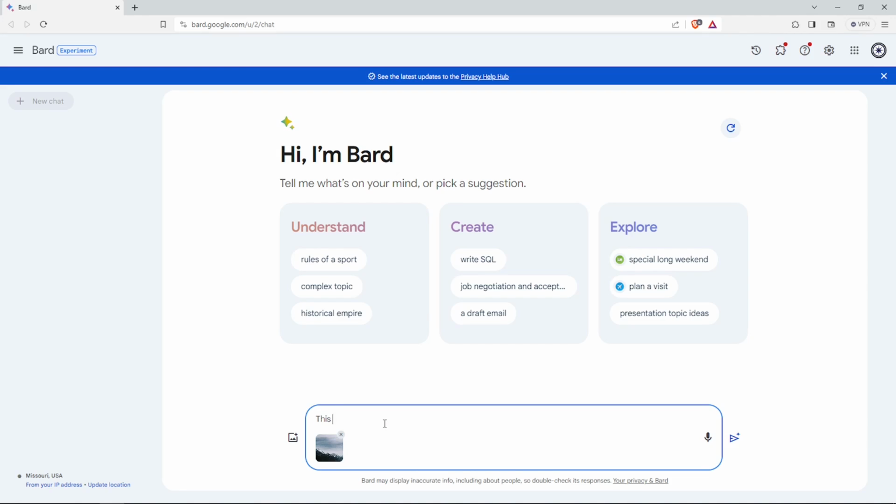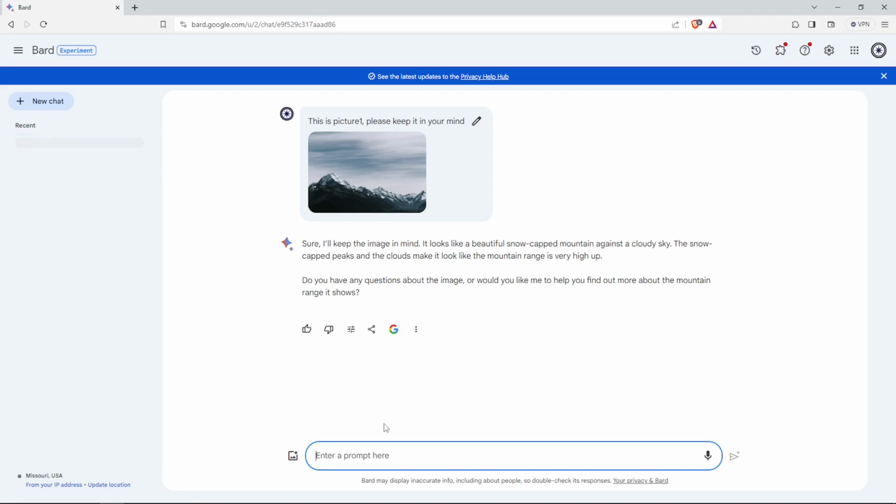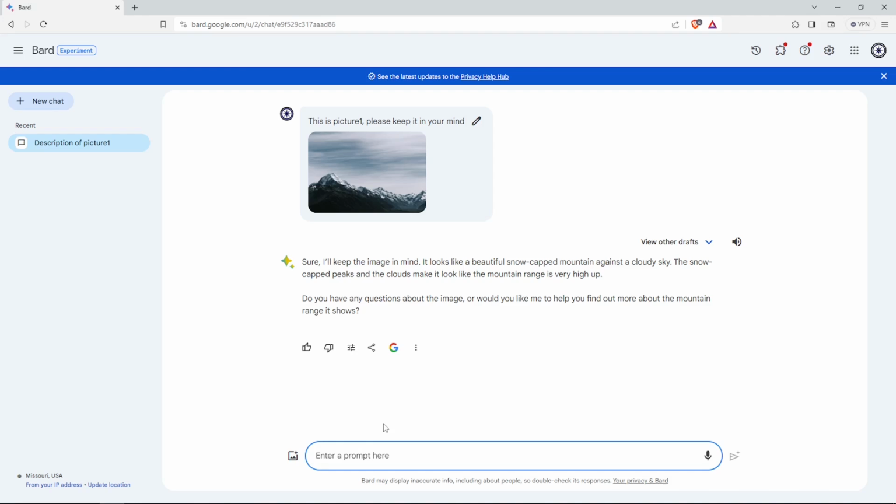We will upload the first image and ask Bard to memorize it as follows. This is picture 1. Please keep it in your mind. Then, this is picture 2. Please compare it with picture 1 and highlight the similarities and differences.